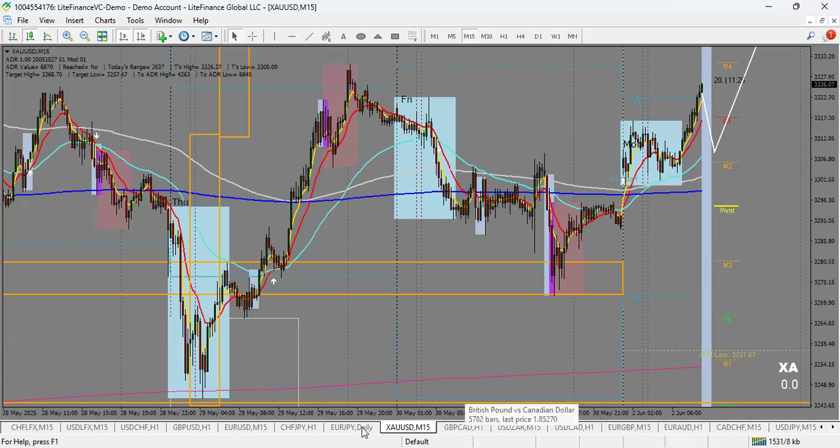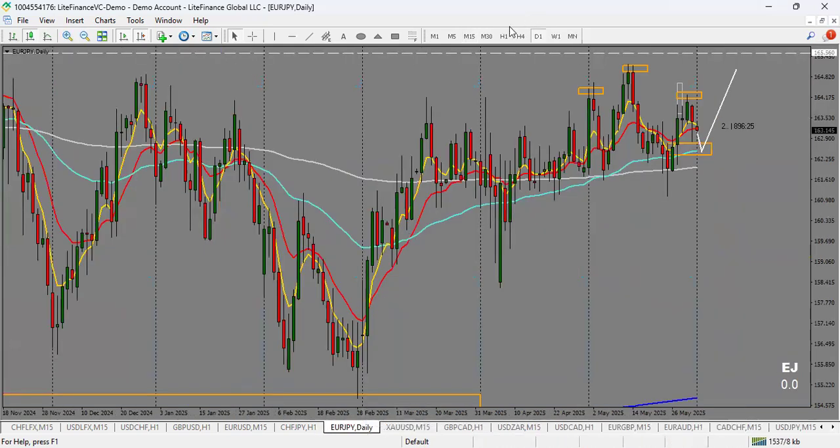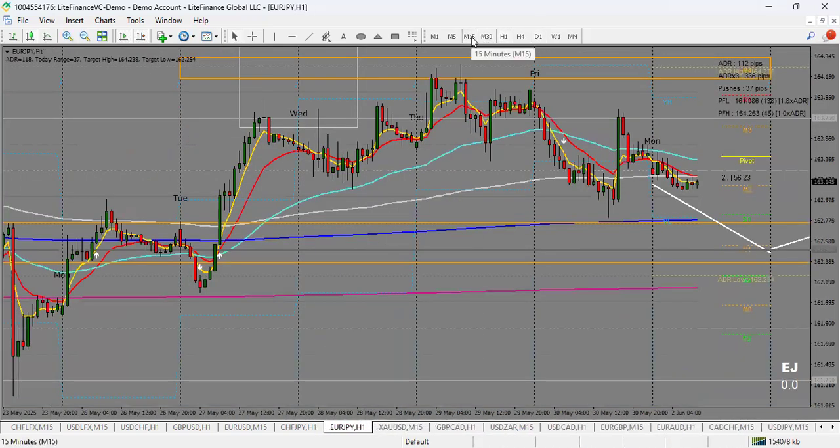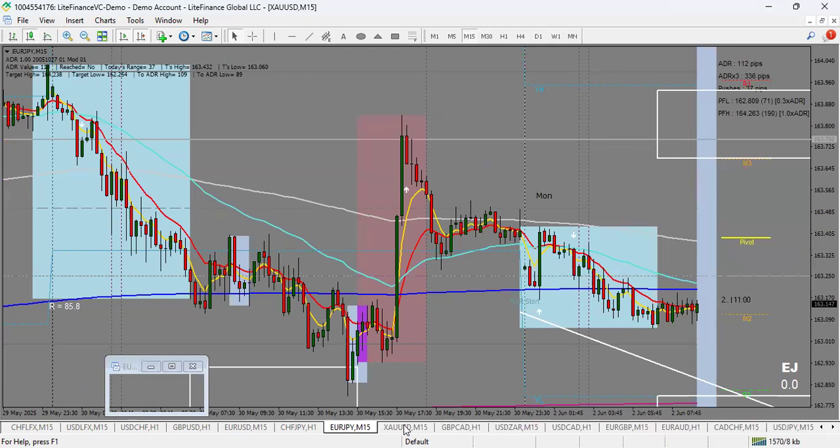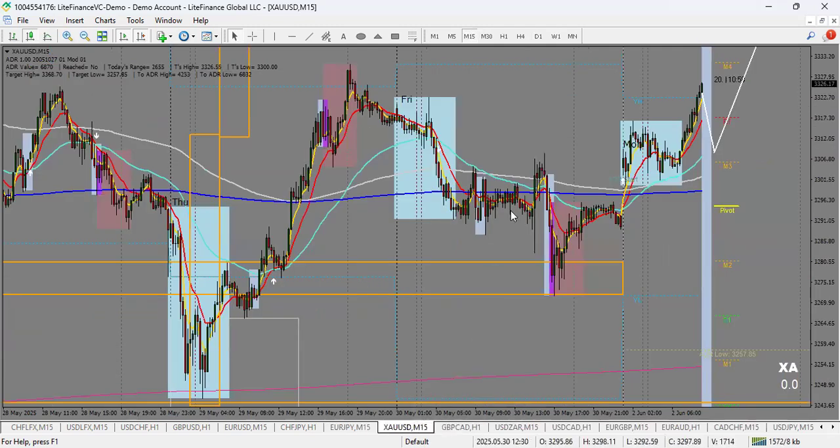So on Friday, we had market movements based on the fundamentals that occurred on Friday. The President of the United States actually tweeted about China, and we had high volatility in a few minutes.